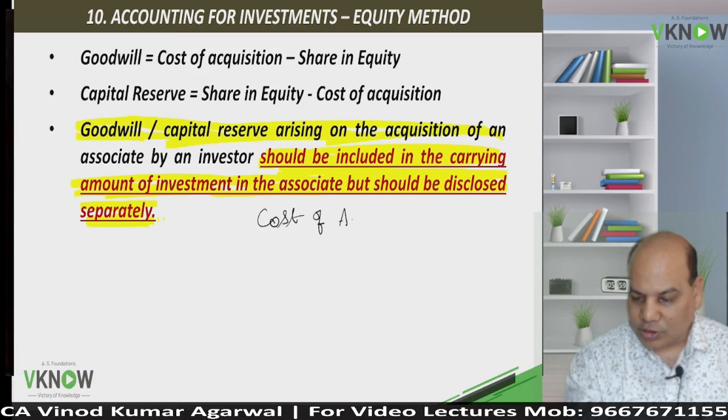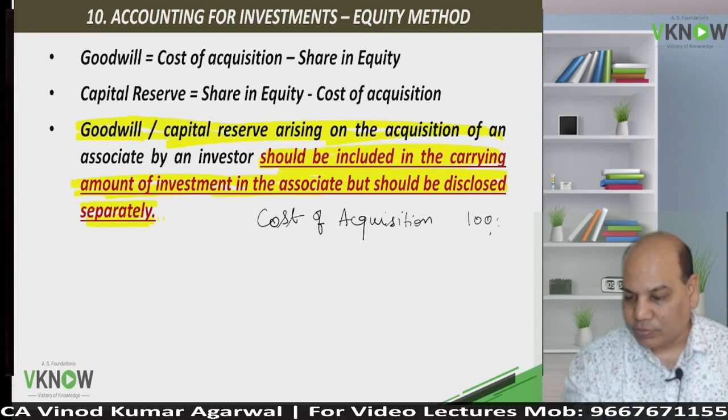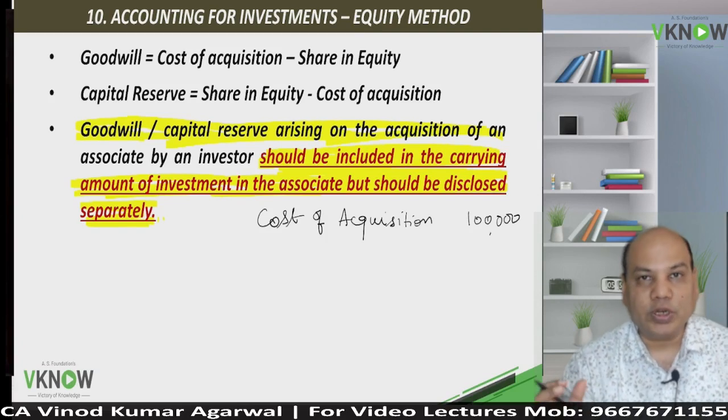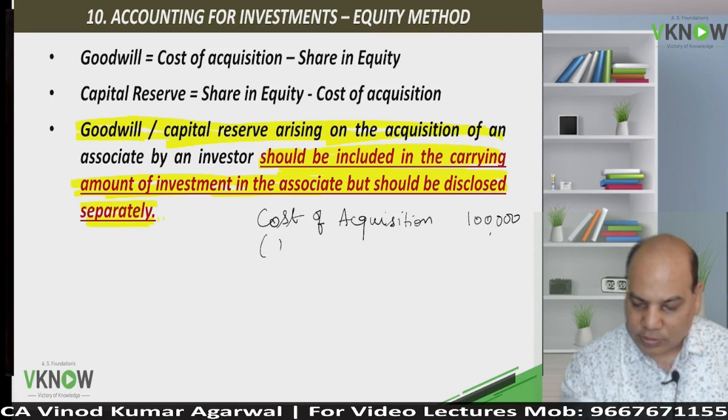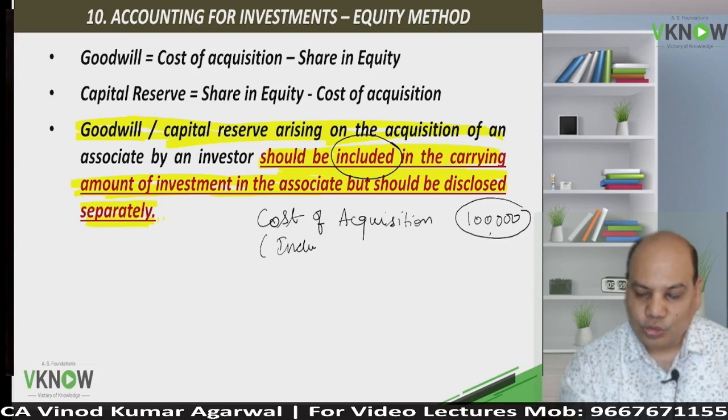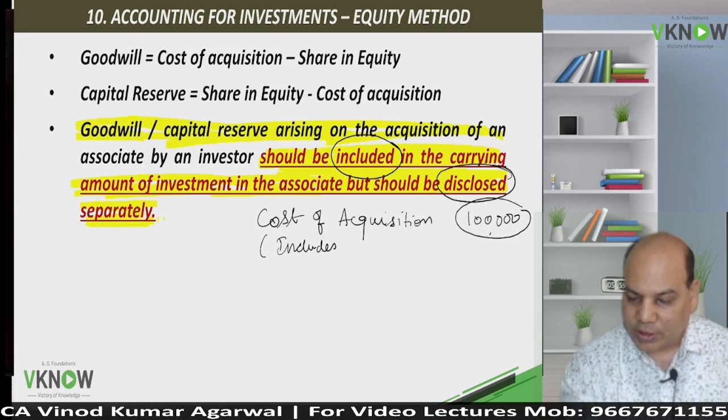Cost of acquisition is 1 lakh, let us assume, and we have computed and found that goodwill is 20,000. So we will write that it is included in the carrying amount. 1 lakh includes goodwill of 20,000, but it has to be disclosed separately.